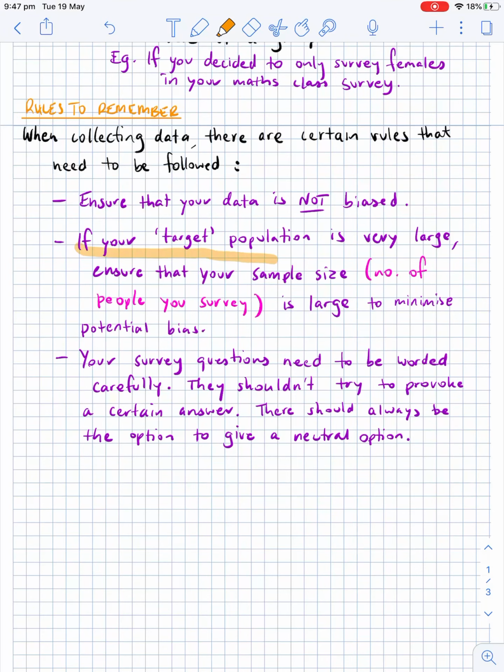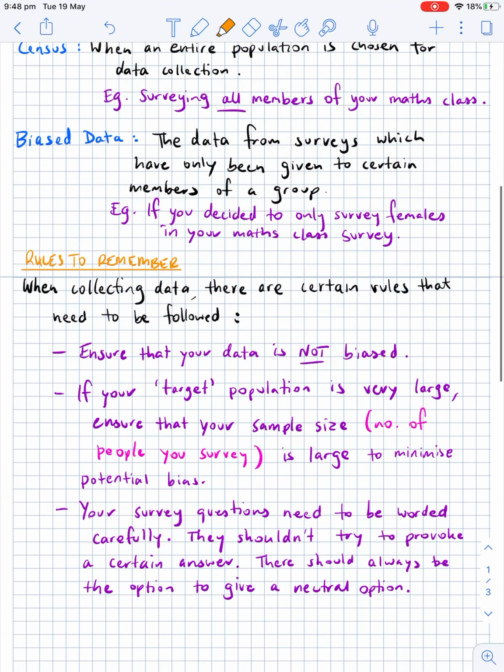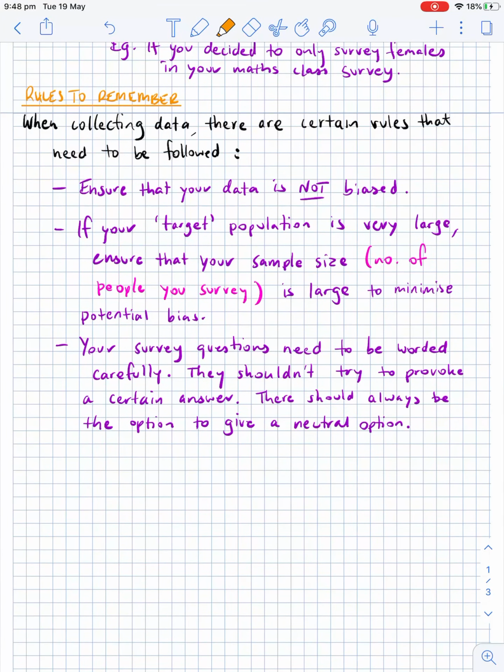Next up, if your target population is very large, ensure that your sample size, the number of people you survey, is large to minimize your potential bias. Sometimes it's just impossible to survey a whole population. If you can't, then you need to make sure that the size of your sample is quite big. The bigger the better, because you want to get as much information from as many people as possible.